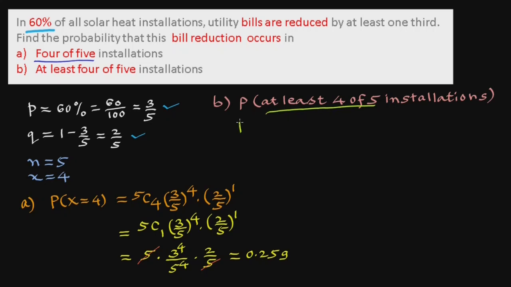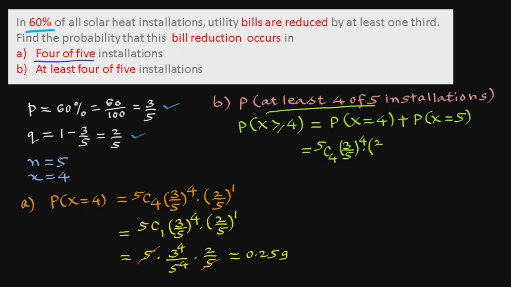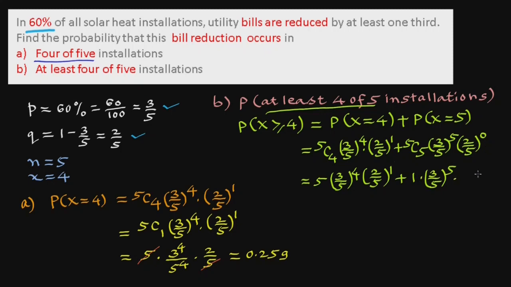It means that probability of x greater than or equal to 4, and since n is 5, it will be P(x=4) plus P(x=5), which is 5c4 (3 upon 5) raised to 4 (2 upon 5) raised to 1 plus 5c5 (3 upon 5) raised to 5 into (2 upon 5) raised to 0. 5c4 is 5 plus 5c5 is 1, into (2 upon 5) raised to 0 is 1.